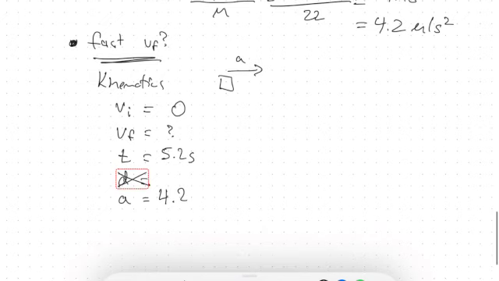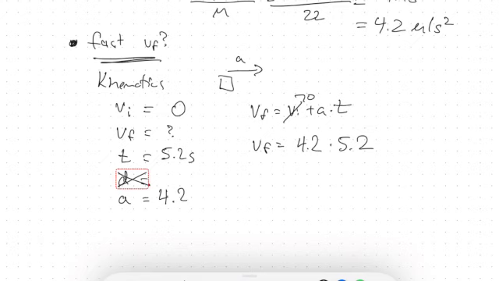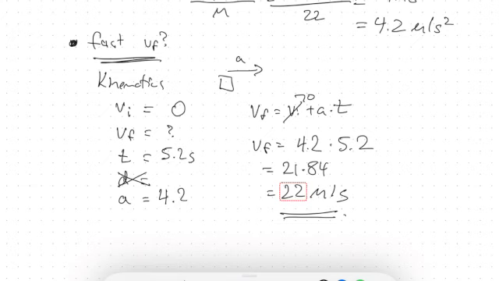Oh, that's nice. It's a very simple one. Vf equals Vi plus A times time. That's 0. So Vf equals 4.2 times 5.2. 21.84 equals 22 meters per second. The question asked for speed, so I don't need to say a direction. It's not the vector, it's the scalar. That's the answer, 22 meters per second.